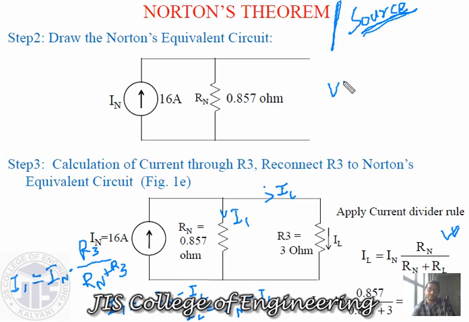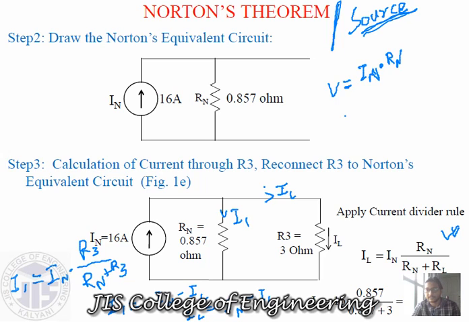If we consider V equals I times R, your V value we can write over here again: IN multiplied with this Rn will be your Vn value, and again that will be in series. So the same circuit we can represent in a different way.